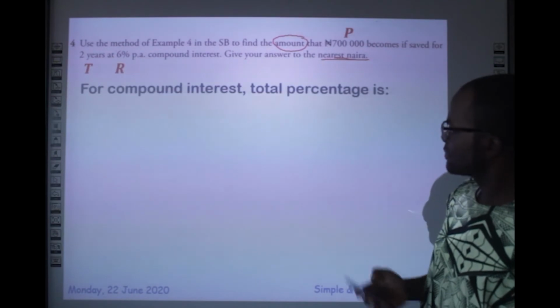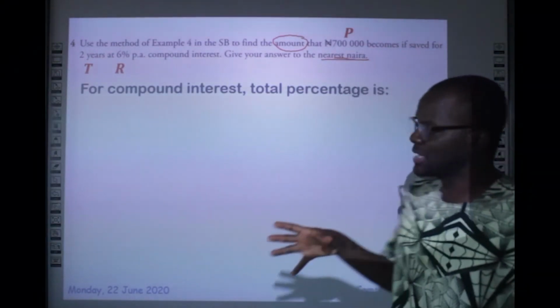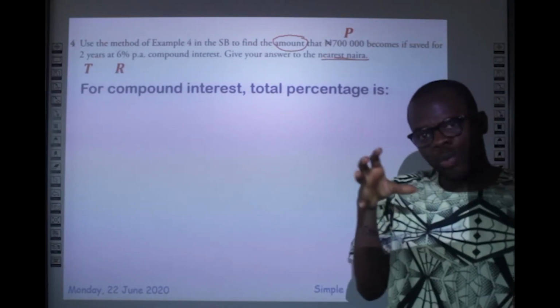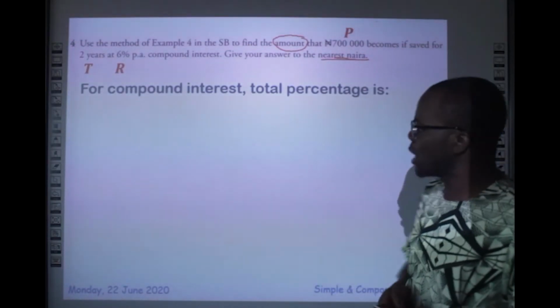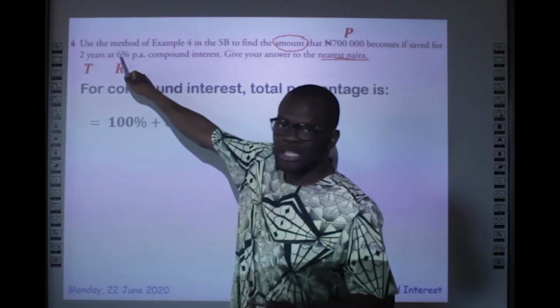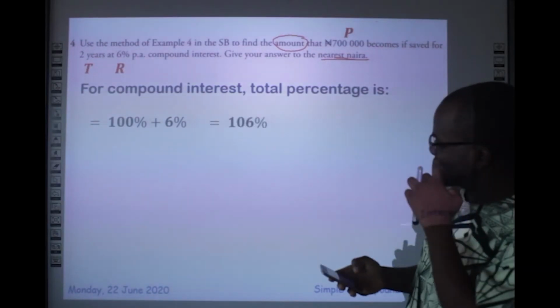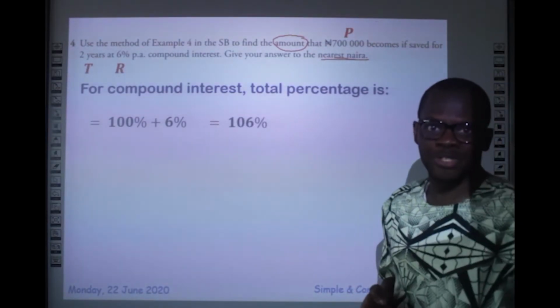Okay, so for compound interest, you first of all work out the total percentage. How do you work out the total percentage? You work out the starting percentage, which is 100%, plus the rate, 6%. So the compound interest will give a total percentage of 106%.